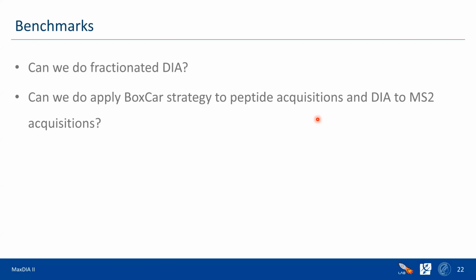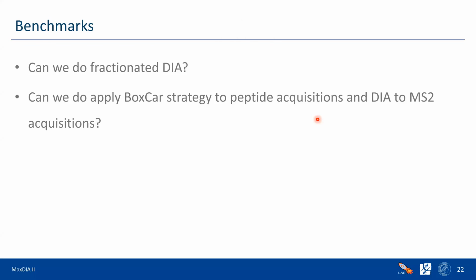The idea of the BoxCar strategy is that we are really boosting the signal of the low intensity peptides. So we are getting way better first MS features. And that, we believe, can help DIA.